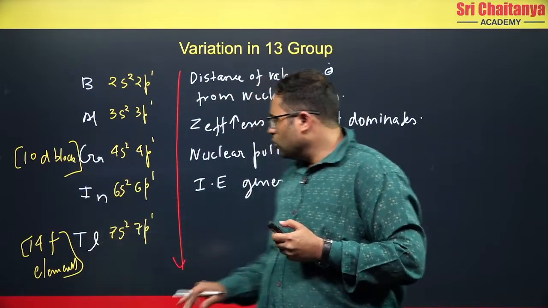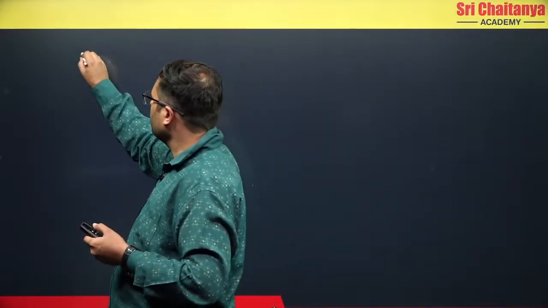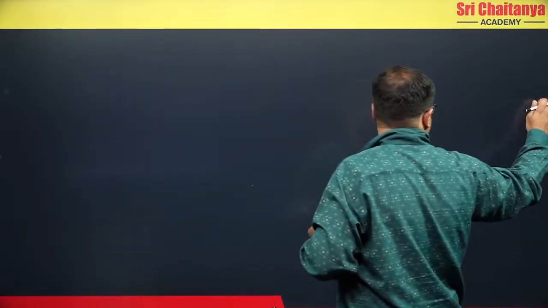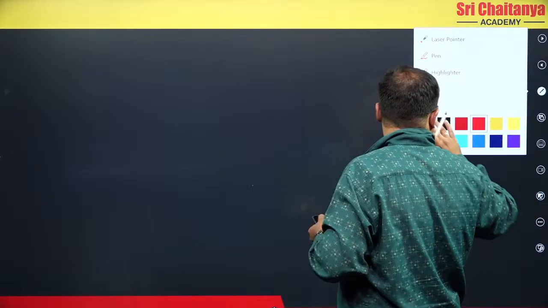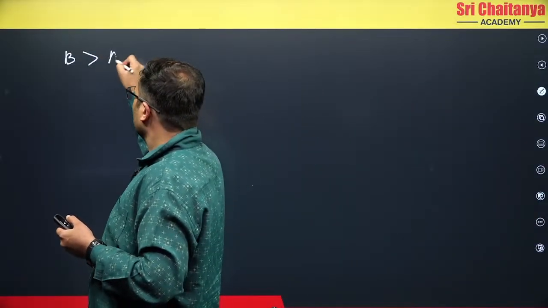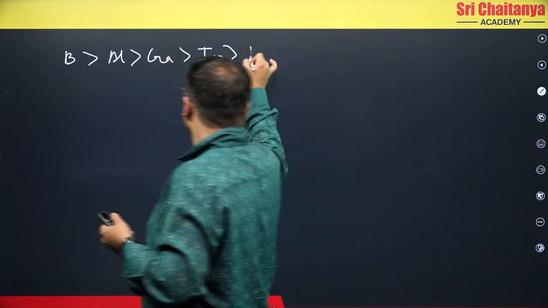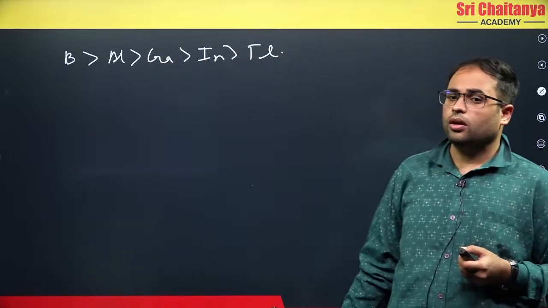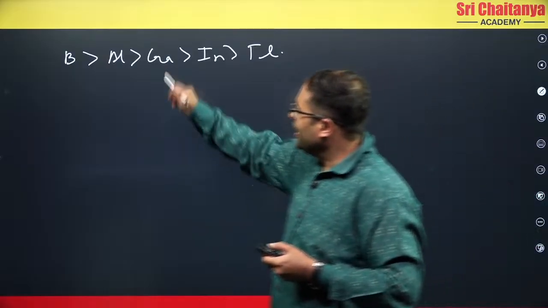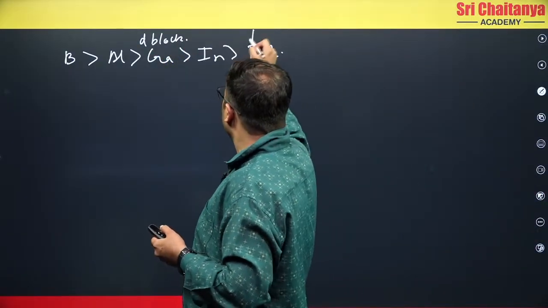This is going down the group, ionization energy decreases, so the actual order should be, right. Now what happens is, at gallium you have the d block and thallium you have f block.